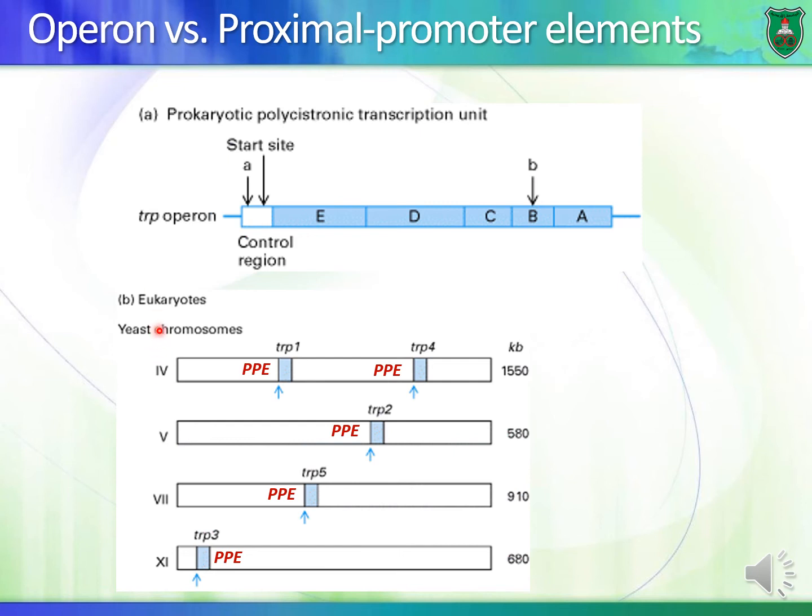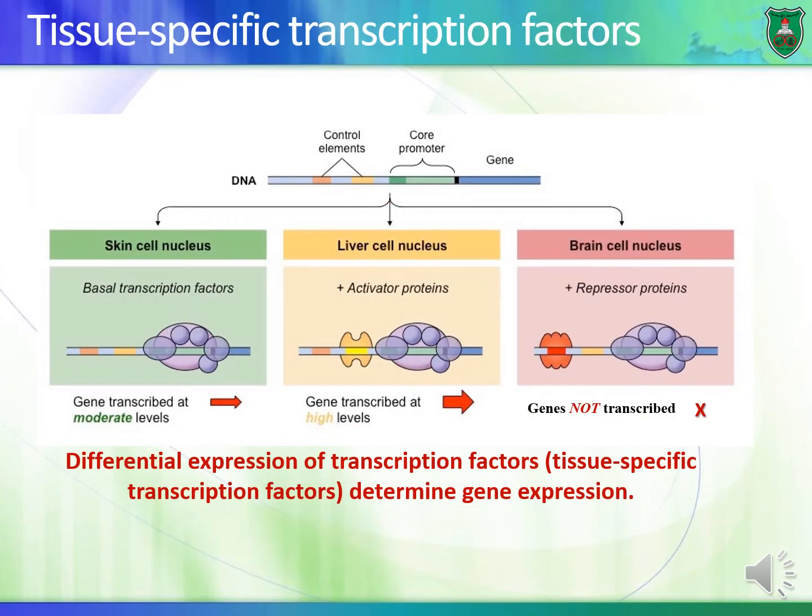But in eukaryotic systems, the same genes here can be located on different chromosomes, but their expression can be controlled by the same promoter-proximal element. Okay? Now, we do have general transcription factors, but we also have tissue-specific and gene-specific transcription factors. So here we're talking about the same gene.